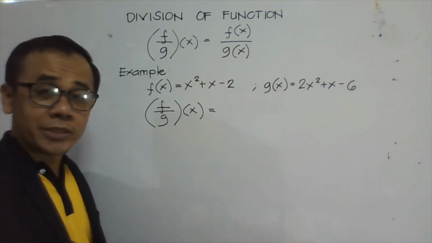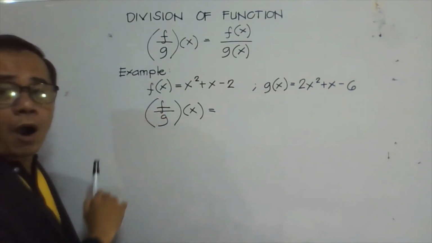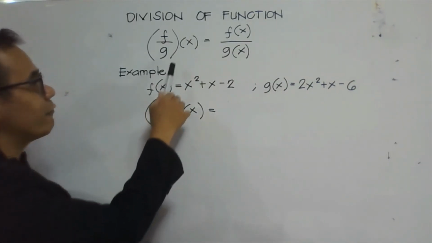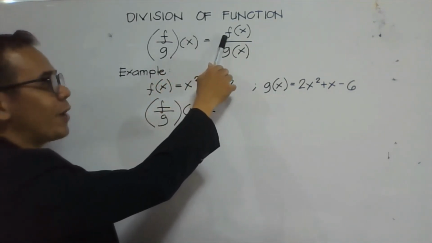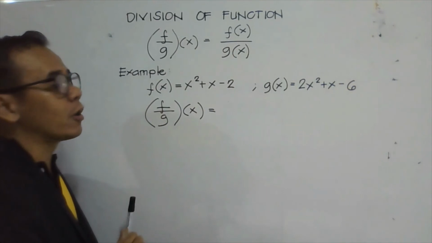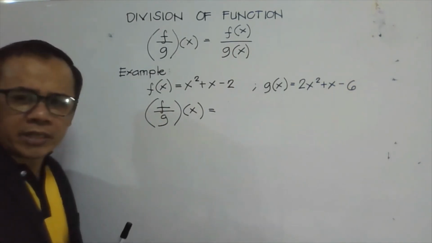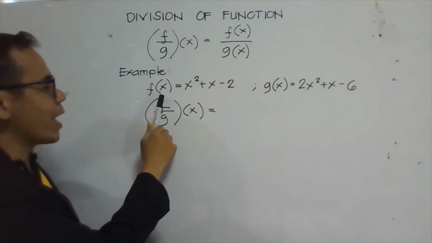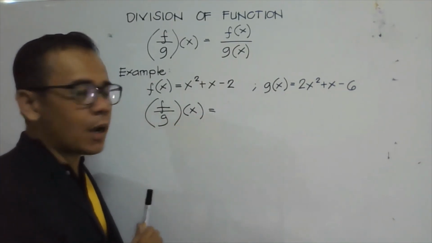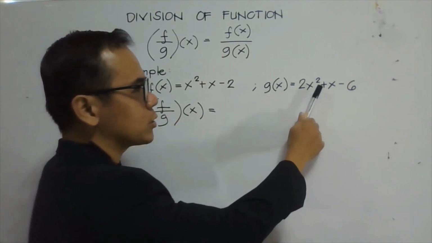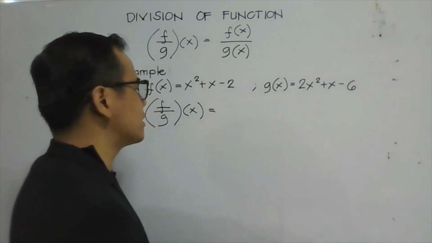Let us now proceed to the division of functions. So we have this formula, f divided by g of x, or the function f divided by the function g. So for example, our f of x is equal to x squared plus x minus 2, and our g of x is equal to 2x squared plus x minus 6.